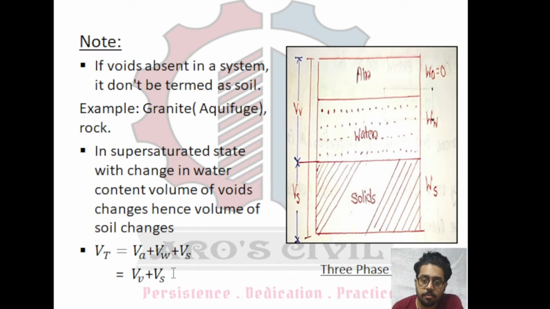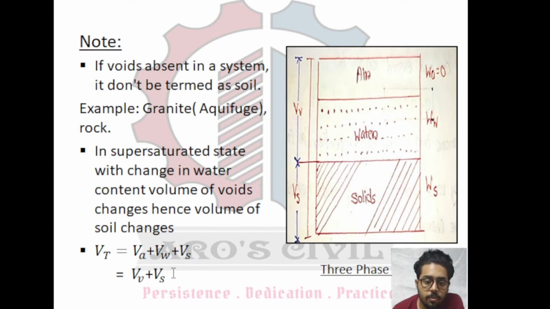In case of soil, a few amount of void should be present, and the void is filled up by air or water depending on the condition, but void should be present in the soil. If voids are not present, the material is called rock. Example, granite, that means aquifuge. We will talk about aquifuge in hydrology. Then in the supersaturated state, with change in water content, volume of void changes, hence volume of soil changes.